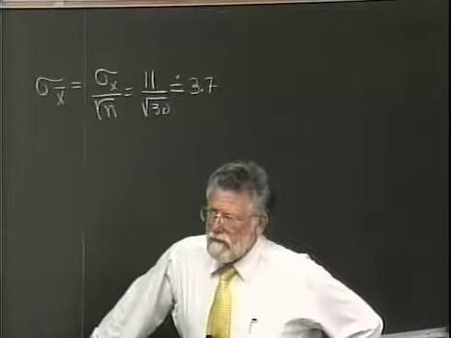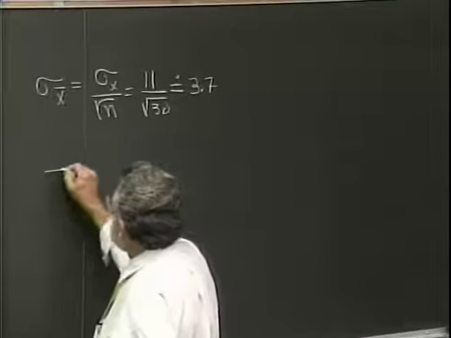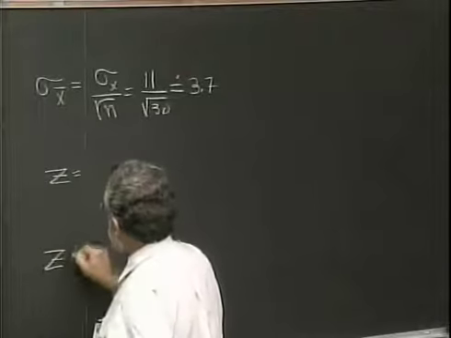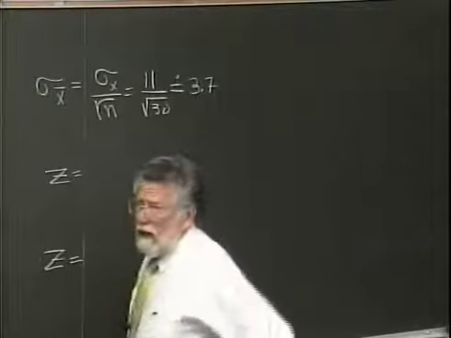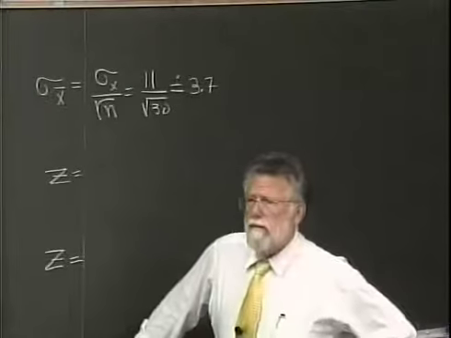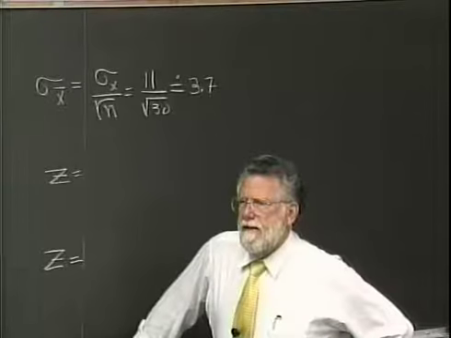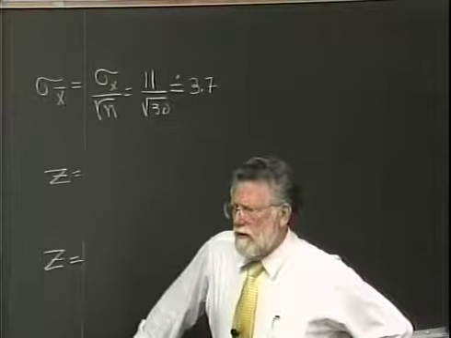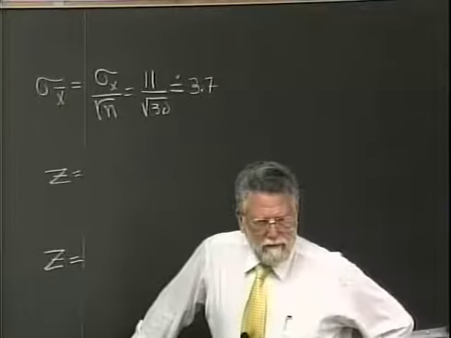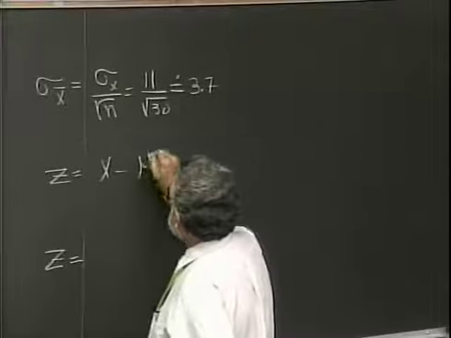Now, if I look at a z-score, this is related to the problem, but it's related to what we've done earlier. If I looked at a particular birth rate, and by the way, the mean of those birth rates was about 22, was it not? About 22.